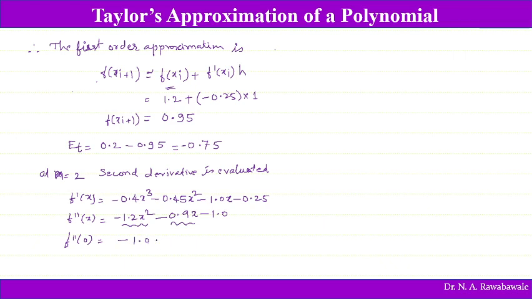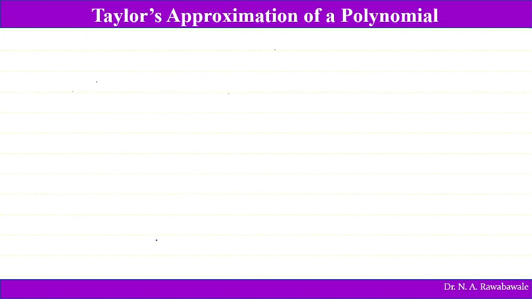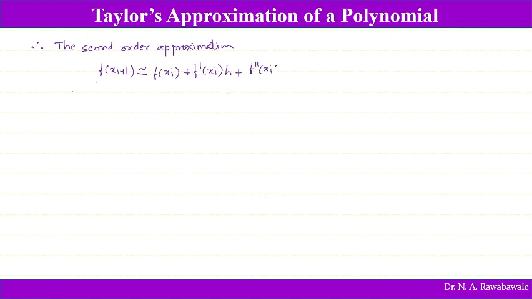So now to find out second order approximation, therefore the second order approximation is given by f of xi plus 1 is approximately equal to f of xi plus f dash of xi into h plus f double dash of xi divided by 2 factorial h square.